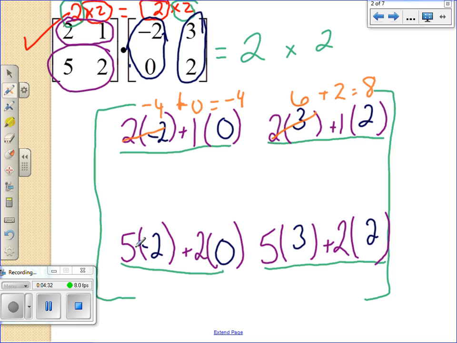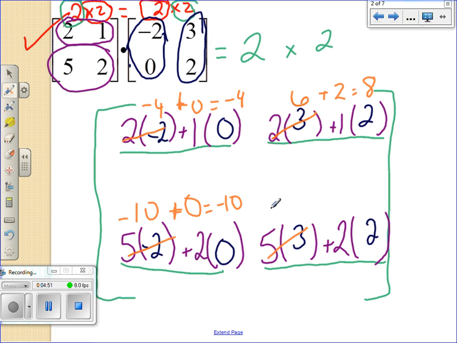Then 5 times -2 is -10, plus 2 times 0, 0, which means my result here is -10.